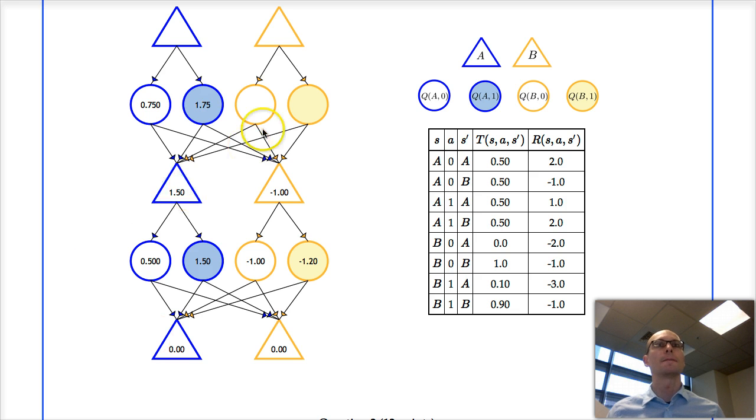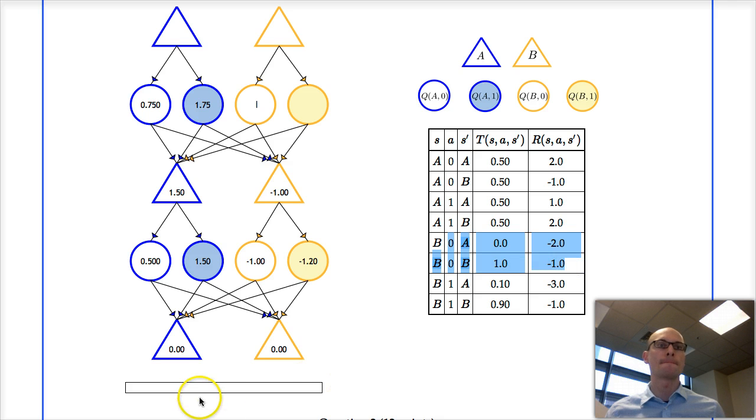That's our value here. Here we're in the Q state where we are in state B and have taken action 0. So we have to look at this part of the table here. There is a 0% chance we transition to state A, so let's just leave that part out.